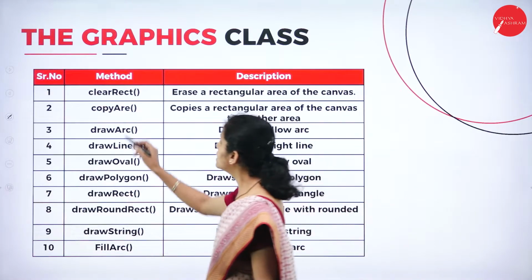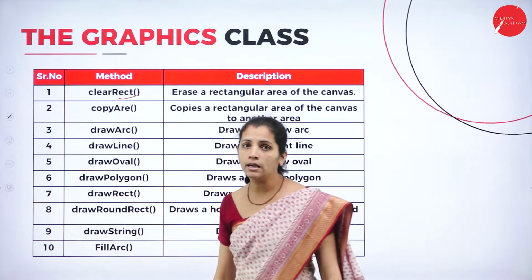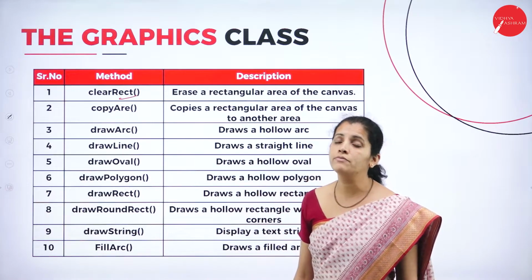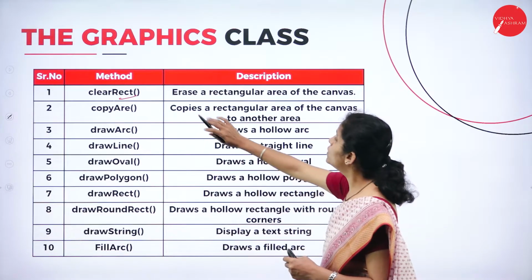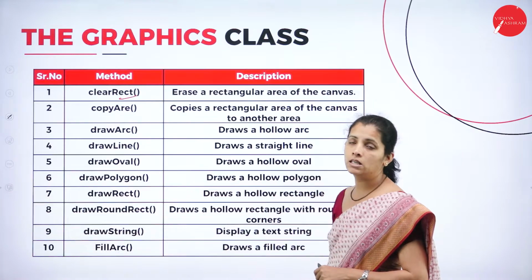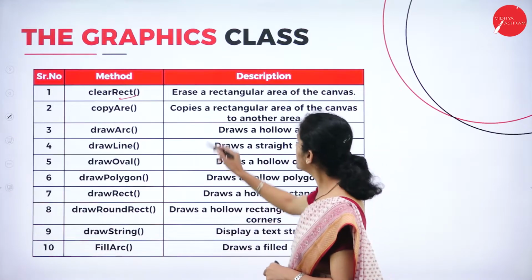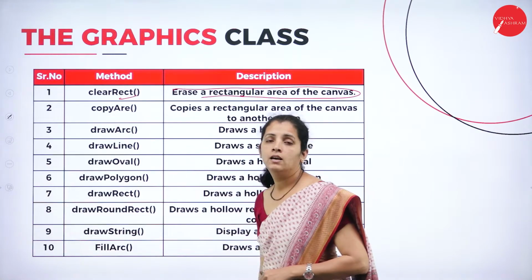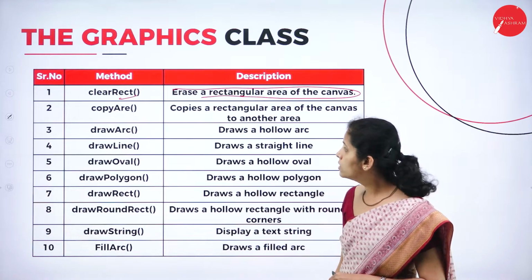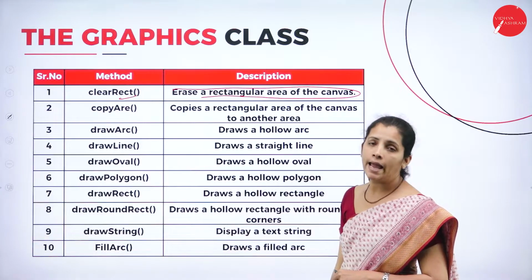That is clearRect. So what is this clearRect? Suppose I want to clear the rectangle, then I'm going to use the method clearRect. That means erase a rectangular area of the canvas. Now, copyArea.